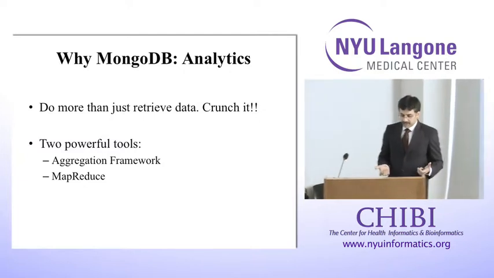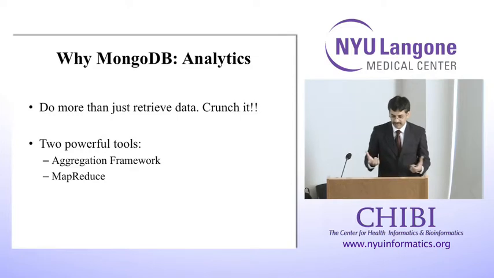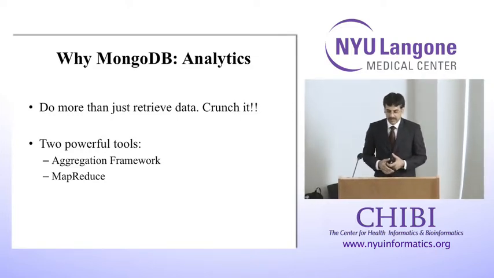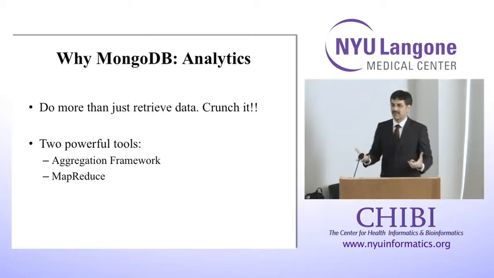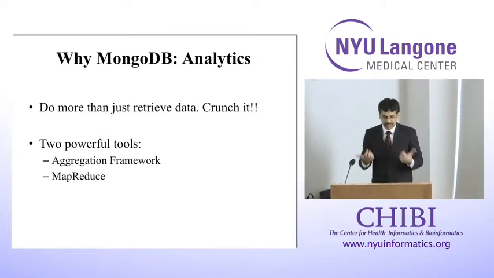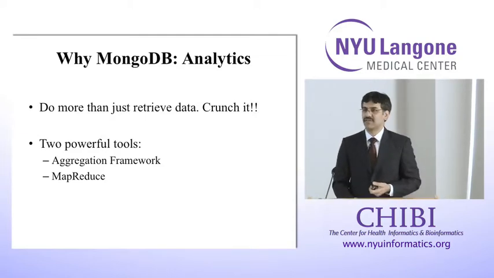The next reason why Mongo is a pretty good database for this kind of work is the analytics part. We don't just want to query and retrieve the data, we want to crunch it, we want to do something with it. So Mongo provides a couple of powerful tools for doing analytics. One is called the Aggregation framework, the other one is called MapReduce.